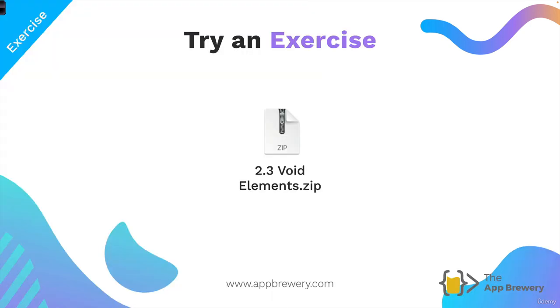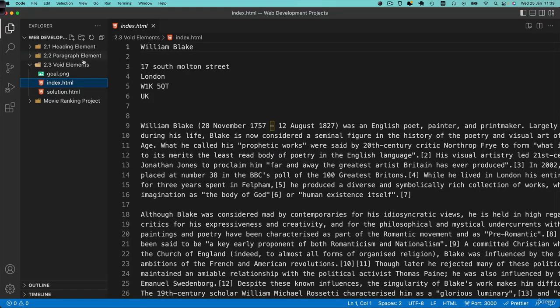So now it's your turn to try an exercise using these void elements. So go ahead and download the starting files for this exercise from the course resources for this lesson. And when you've extracted it and opened it up, this is what you should see in the index.html.